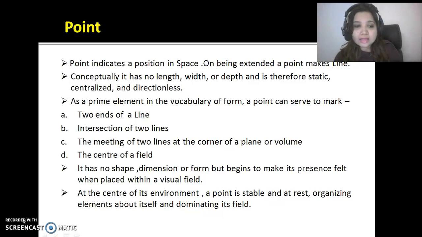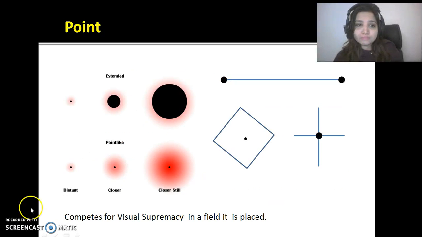Let us now understand these concepts. For instance, you have a point which is very small at the moment. It increases and then it further increases its size. So with changing size, its dominating character changes.